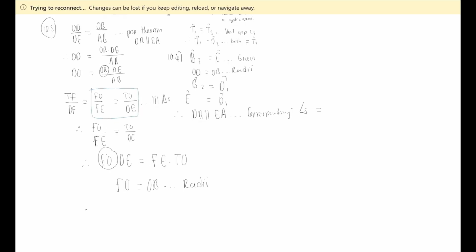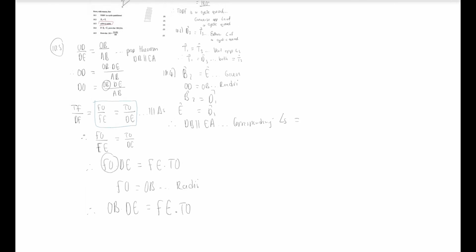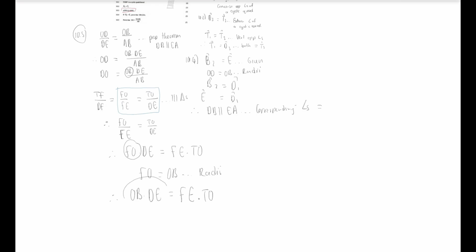And therefore, we can see that OB times DE equals FE times TO, right? And then with this and that, we can conclude that DO is equal to FE times TO over AB. And the reason being that our OB times DE equals FE times TO.